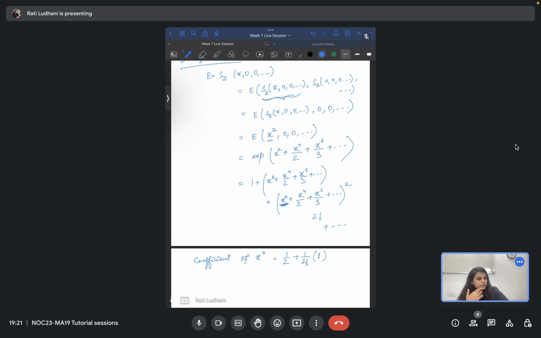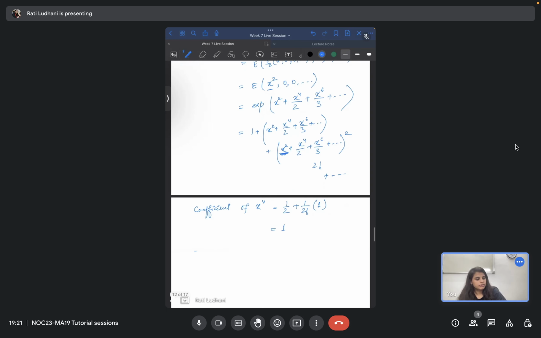Yes, ma'am. Okay, I'm just trying to calculate the thing, so you'll get 1 here, but when you are doing coefficient of x4 is this, but you are concerned about coefficient of x raised to power 4 by 4 factorial, so you need to multiply by 4 factorial. So why is this so? Because we need the coefficient from the exponential generating series.